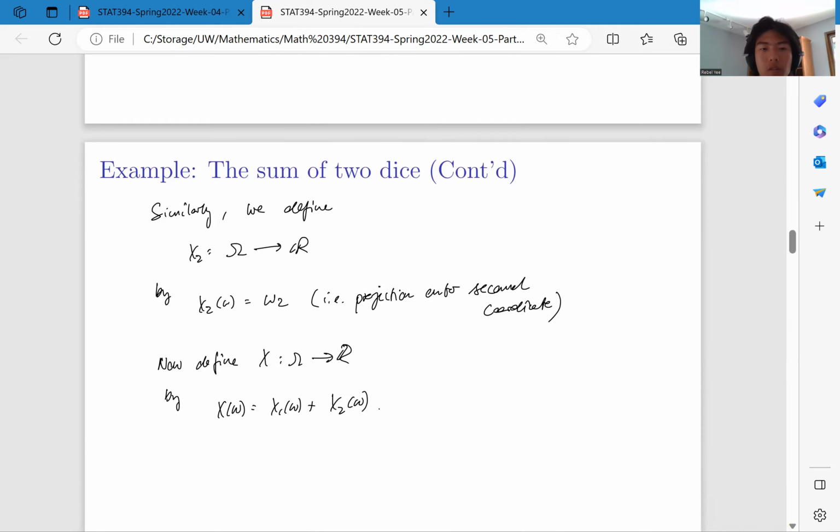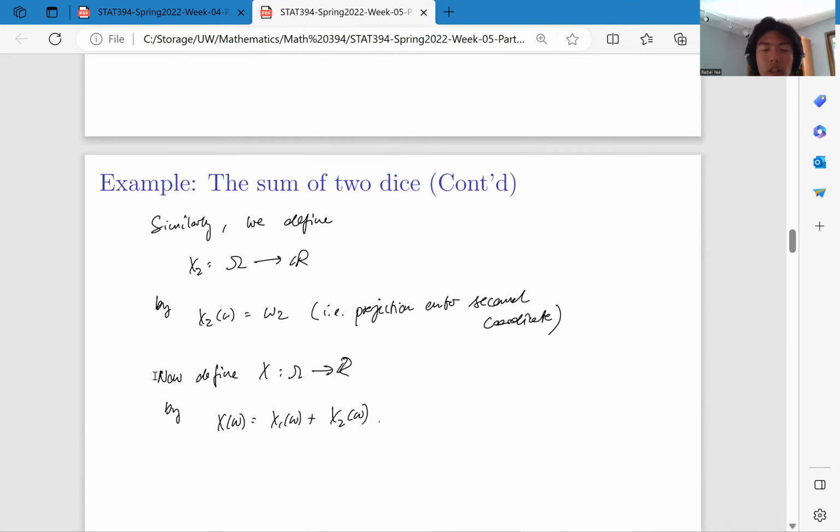And now we say the final random variable X is also from the sample space to the real numbers, but it adds the 2 terms together. So it's the value of the first roll plus the value of the second roll, and if we add them together, it is equal to X(ω), which is the sum of the 2 dice. So we are done.